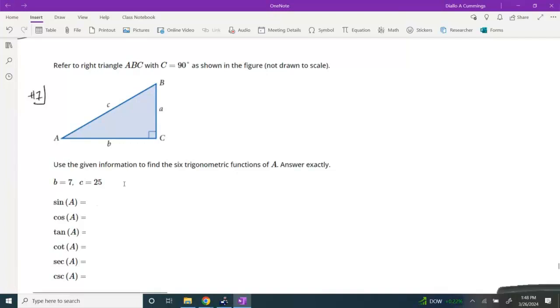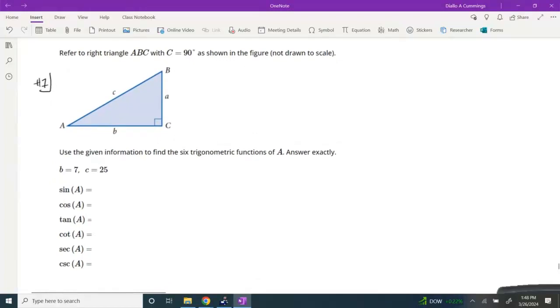Whenever you set up any trig function, you must have what's called a reference angle. And so they're giving us that reference angle, which is angle A. So just to denote that angle A is our reference angle, I'm going to put a curvature on angle A. So now if they were asking us to find the 6 trig functions for B, I would put my curvature on B, and that would denote the reference angle.